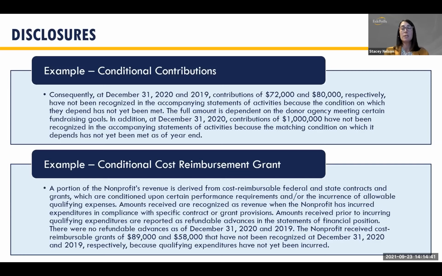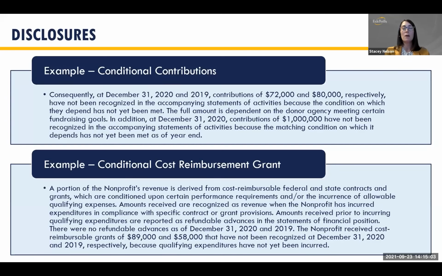In addition, this particular nonprofit had contributions of $1 million that weren't recognized due to a matching condition. Again, there we have the dollar amount and the type of condition. The second half of the slide gives you an example of what that would look like under conditional cost reimbursement grants.